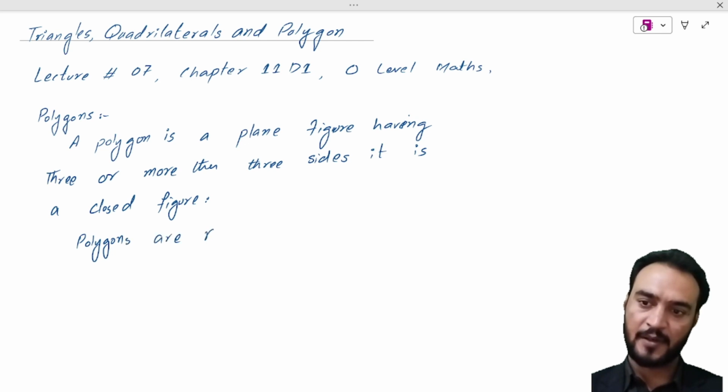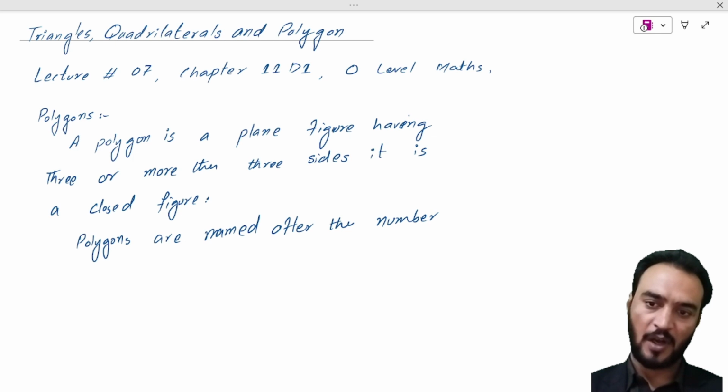Polygons are named after the number of sides they have.